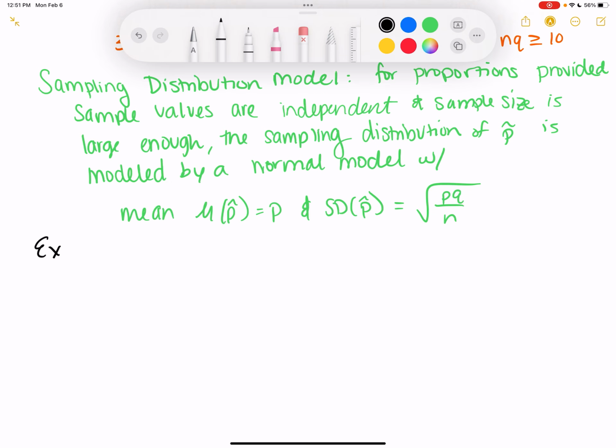All right. So I have an example, so I'll write out the example and then we'll walk through it a little bit. 13% of the population is left-handed. Hey, you're one of those 13%.